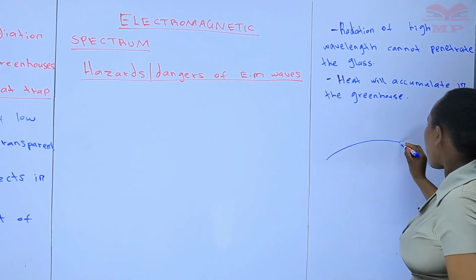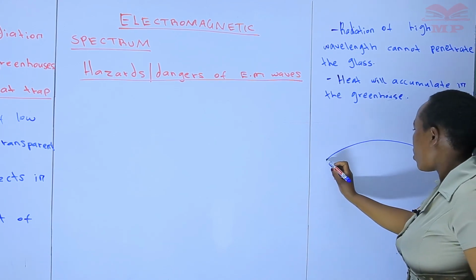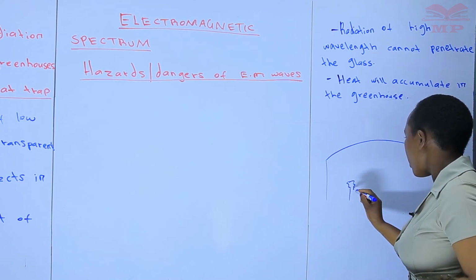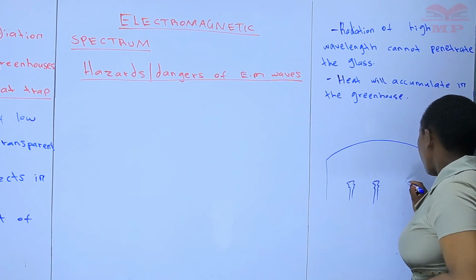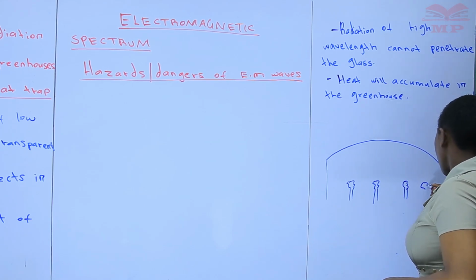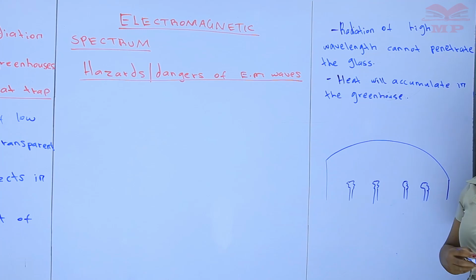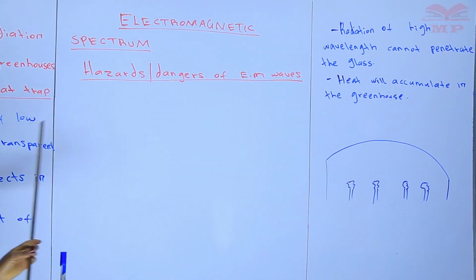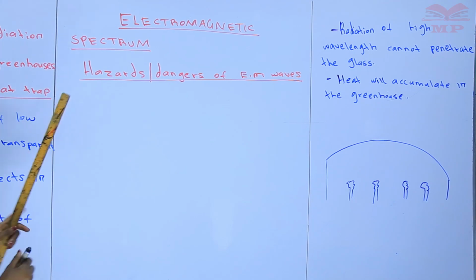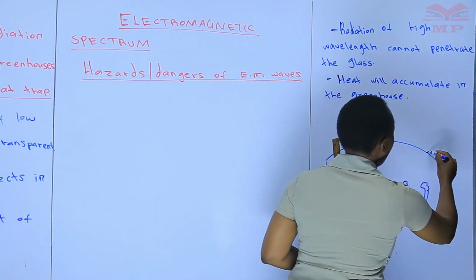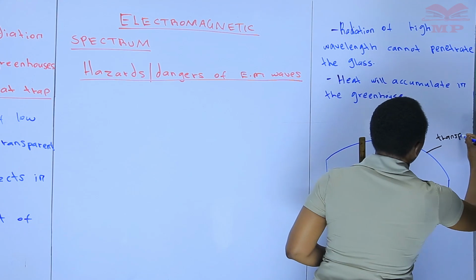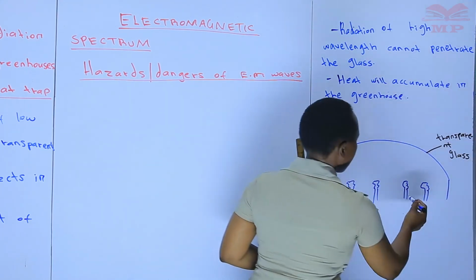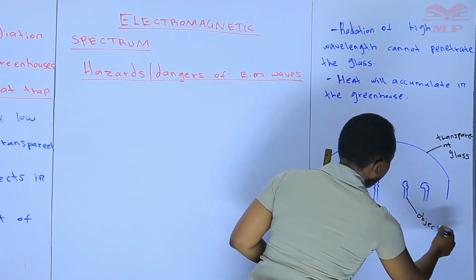If this is our glass in the greenhouse, this is our greenhouse, and of course here we have, let's say, the plants. These are the plants in the greenhouse. Now when we have light from the sun falling onto this transparent glass, and these are the objects in the greenhouse.